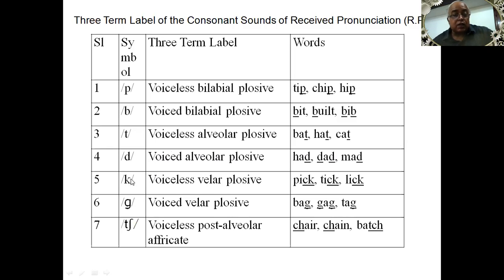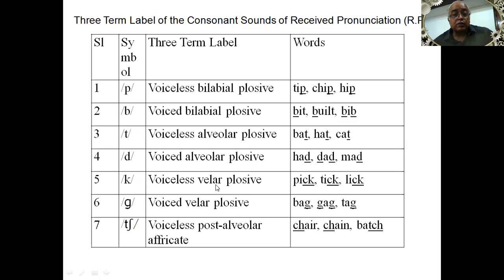Then we have got K. See, this looks like a small K. This again is within the slant lines, so it is not a letter K, it's a symbol. It's a voiceless velar plosive. The first criteria, state of the glottis is voiceless. Second criteria, the place of articulation is velar, and the manner of articulation is plosive.